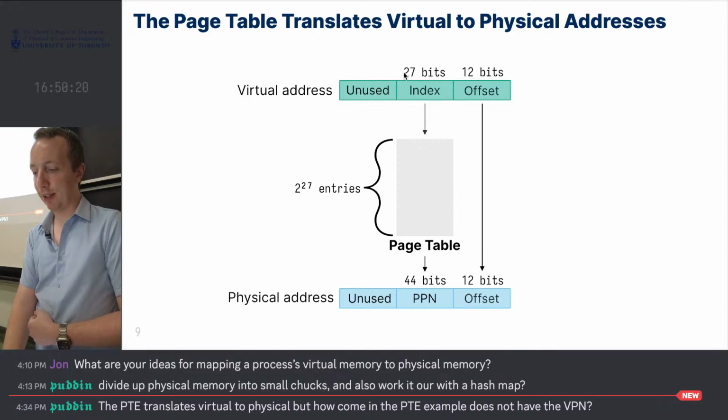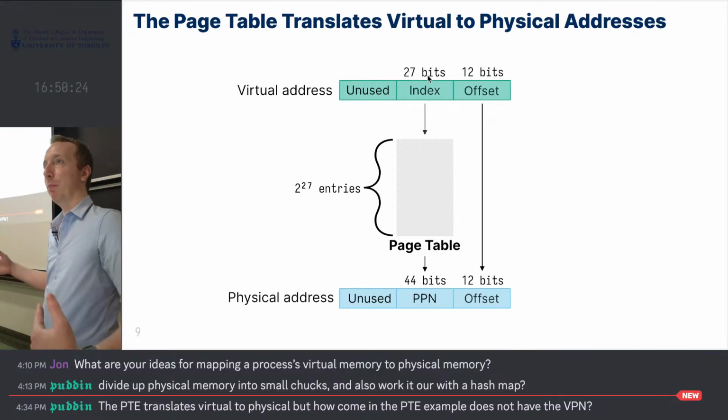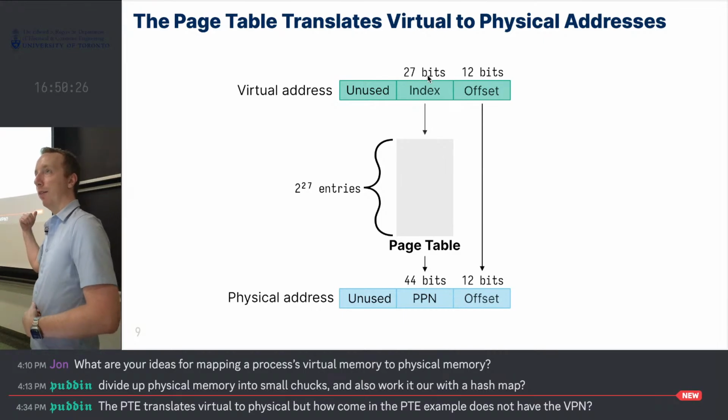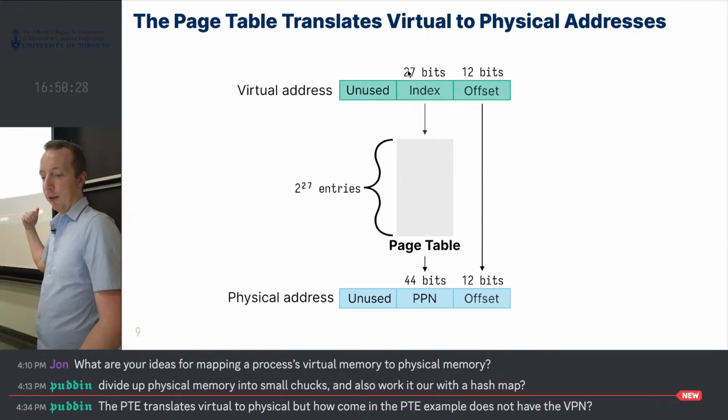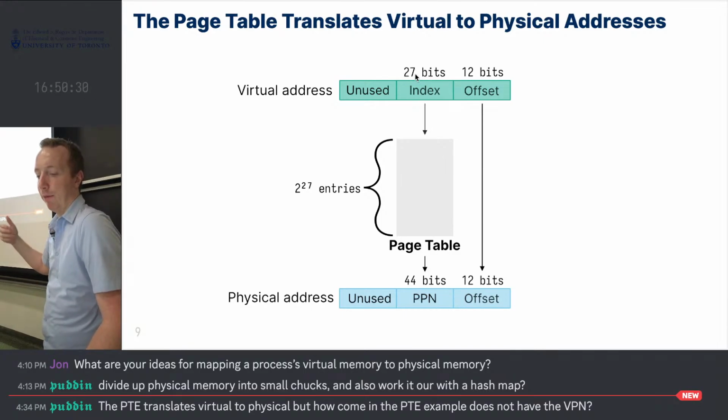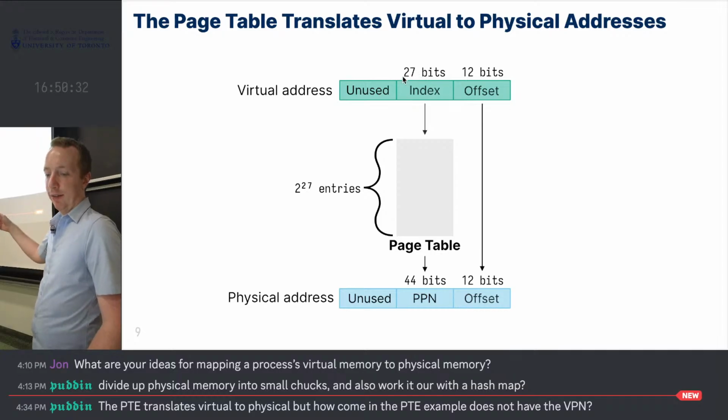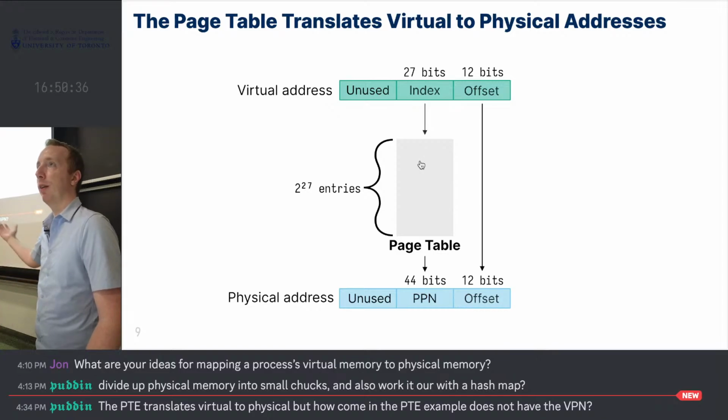You can also see why this index, the virtual address, is small, because it essentially corresponds to the size of this page table. If we made a 40-bit virtual address and bumped this up to 28 bits, suddenly your page table gets twice as big, so it would be 2 gigs.